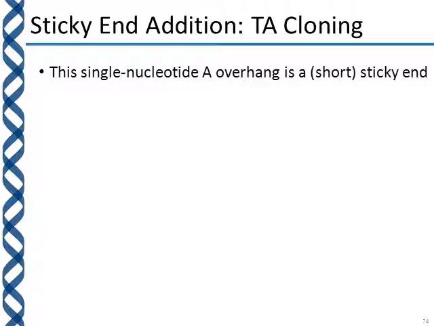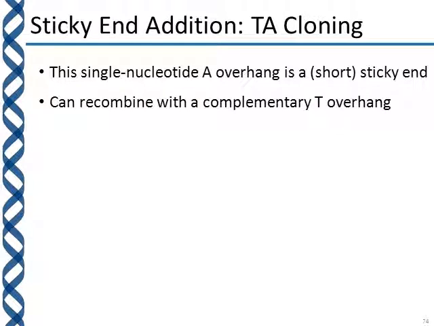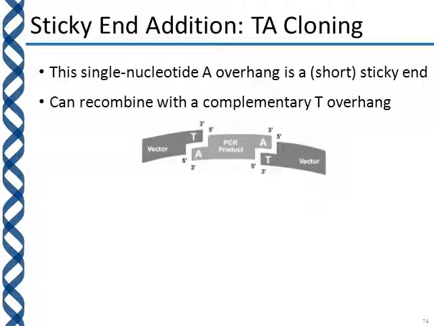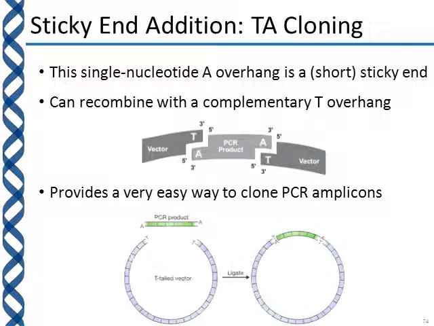This single nucleotide A overhang is a short sticky end. This short A sticky end can recombine with a complementary T overhang. And this provides a very easy way to clone PCR amplicons.